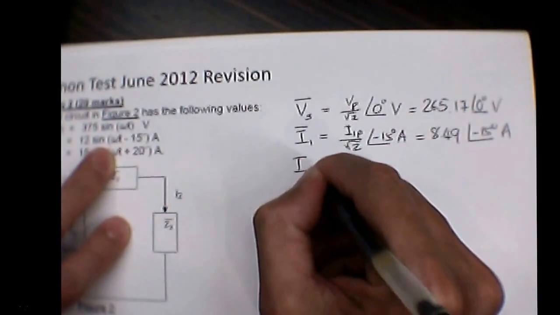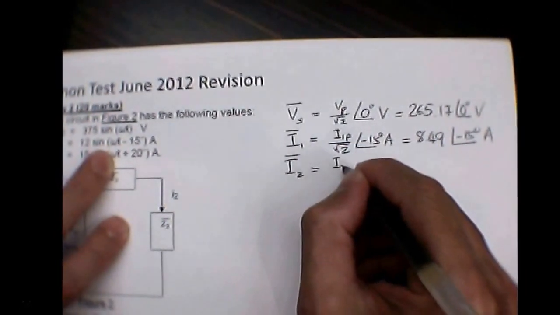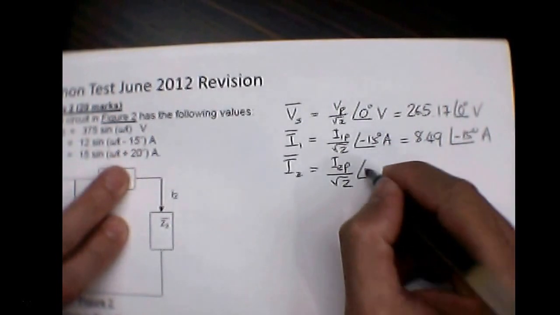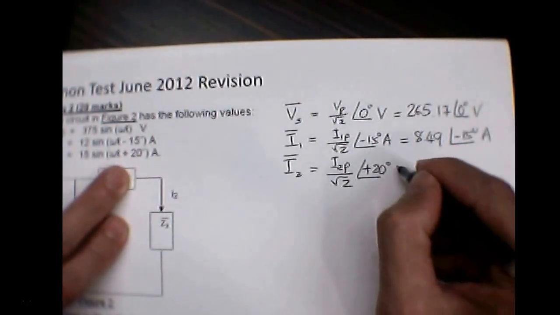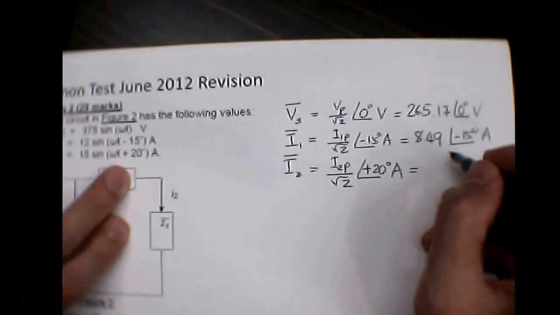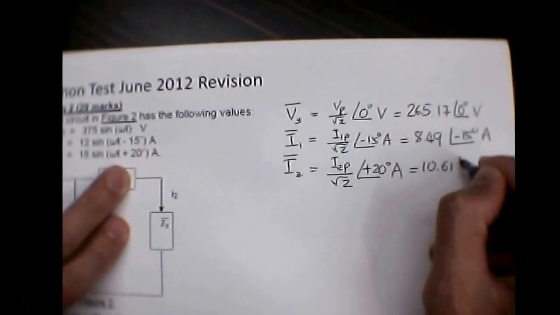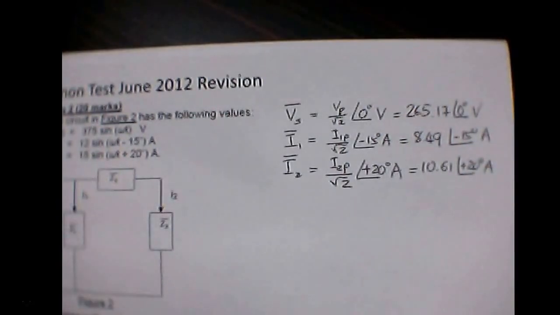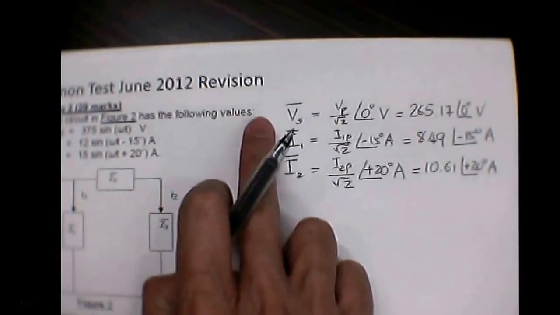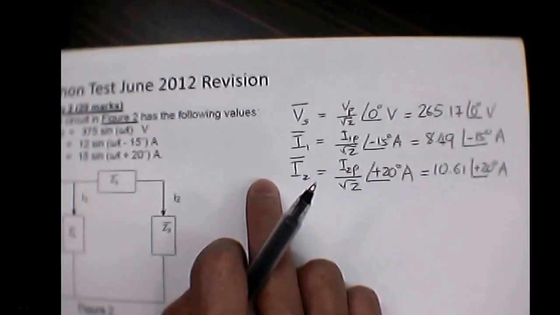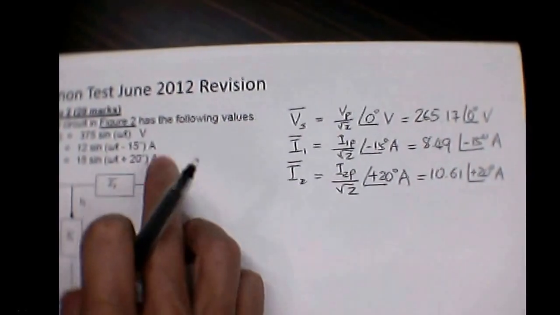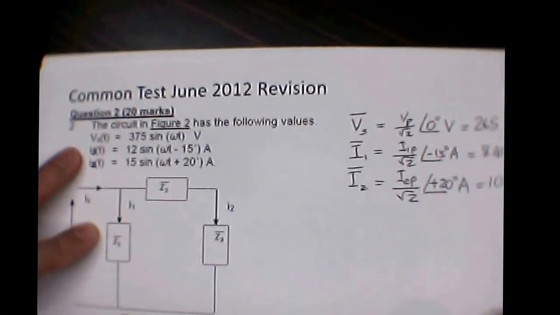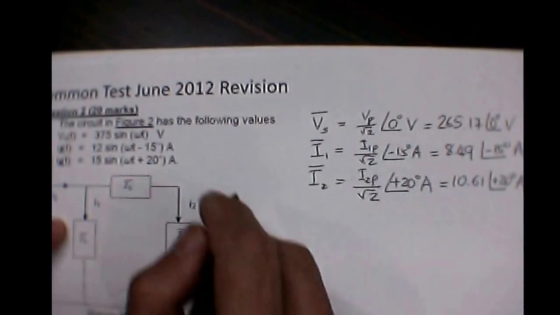And finally I2 is I2 peak divided by root 2 at an angle of plus 20 degrees ampere, which equals 10.61 at an angle of plus 20 degrees ampere. Alright, so that's the phasor version in polar format of the three sinusoidal waveforms that were given to us. That's for part 1.